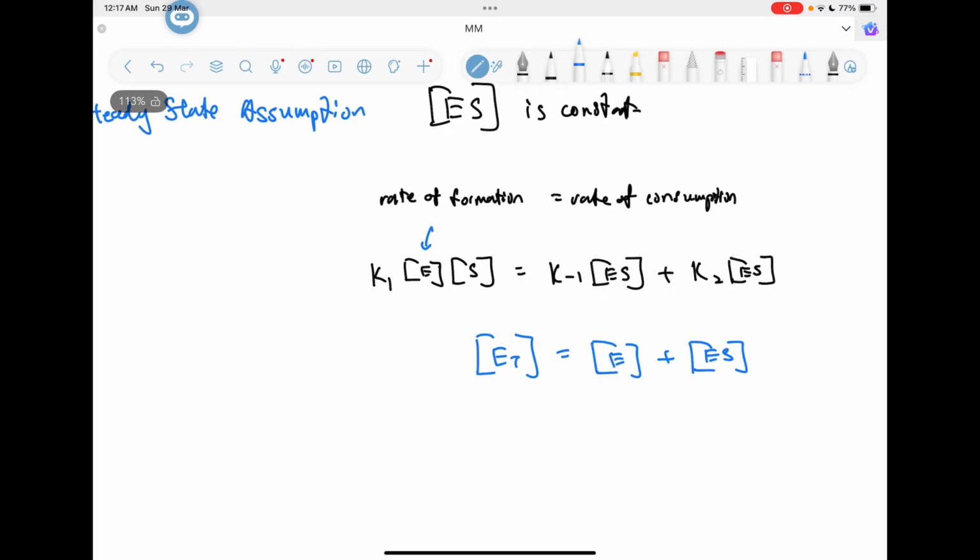And now when we rearrange the term, it will just be as such: E = ET minus ES.